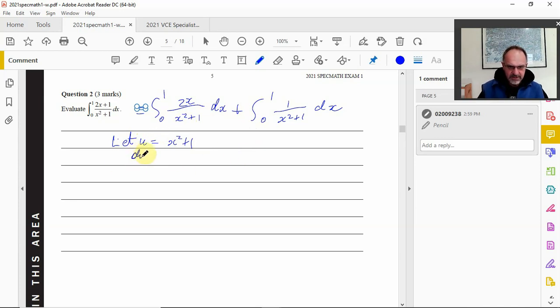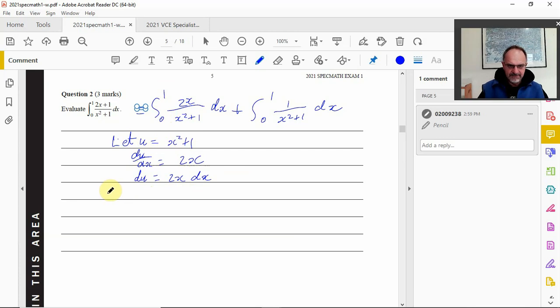So du dx is 2x. All right, so if we do a rearrangement, du is 2x times dx, and because I've changed from a variable of x to u, I need to actually change these limits.